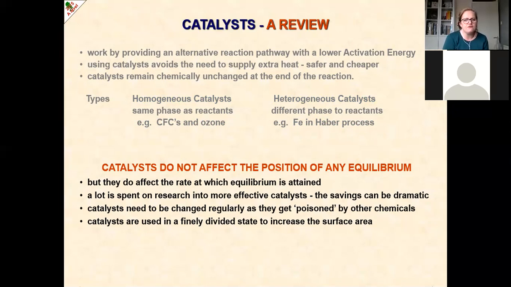They can affect the rate at which equilibrium is attained, so they can speed up how quickly equilibrium is reached, but they don't affect the position of equilibrium. So when equilibrium occurs, where there's that balance, it will always happen. It just might happen quicker or sooner than before because we've added a catalyst, but it doesn't change the point of equilibrium.